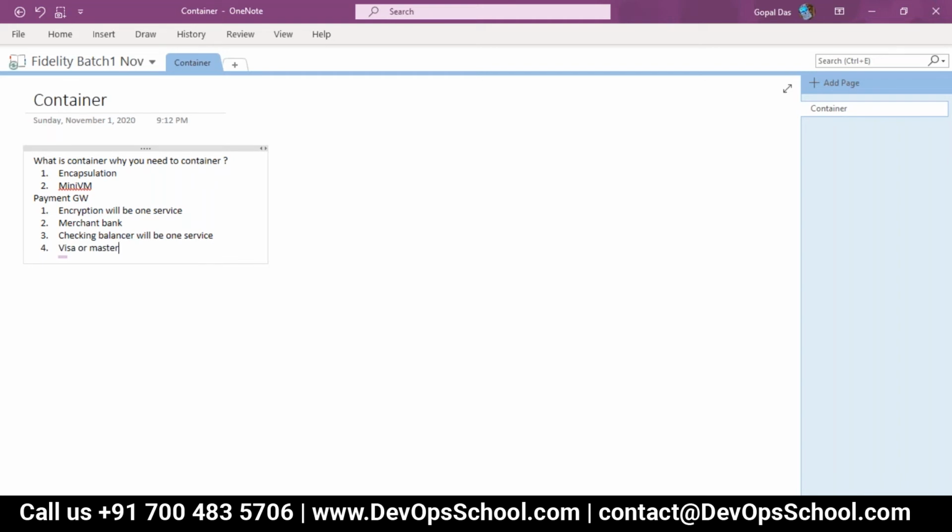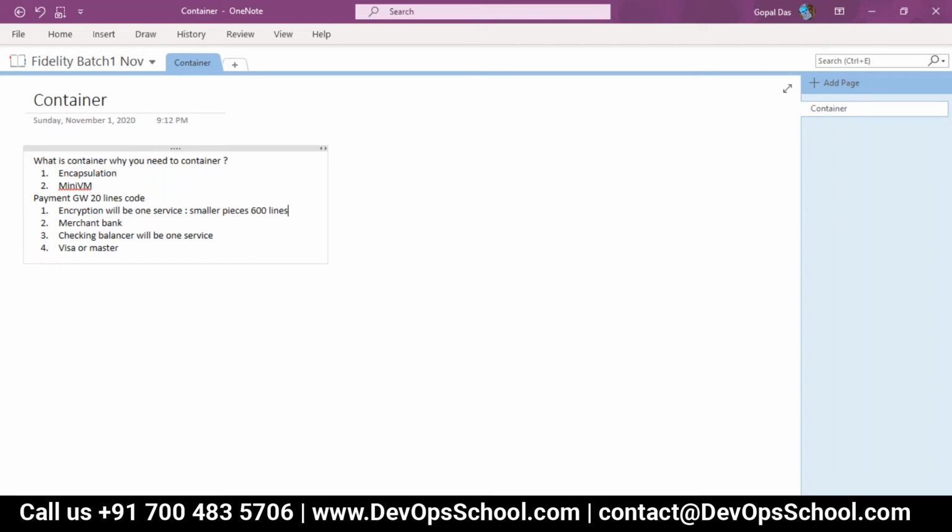So what happened is that earlier the payment gateway was one single app, around 20,000 lines of code. We break this down into smaller pieces, around 600 lines of code.